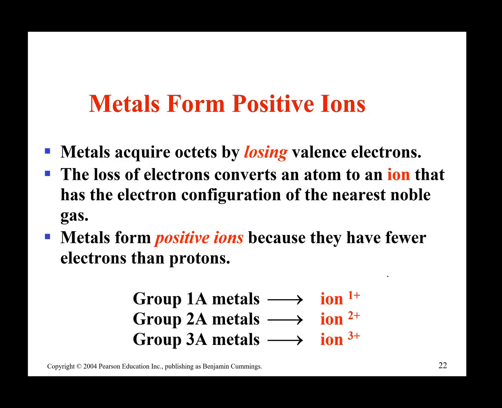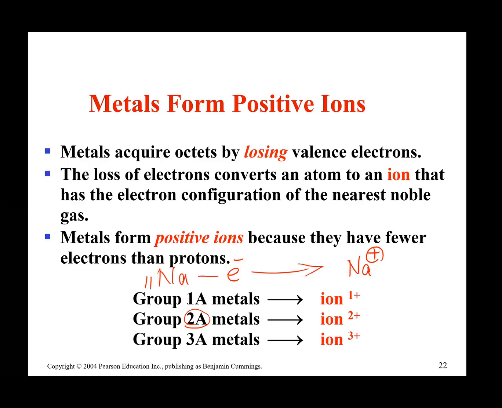Guys, when sodium metal with 11 electrons lost 1 electron, it made a sodium ion with +1 charge because it lost 1 electron. Yes? How about a metal which is in group 2A?